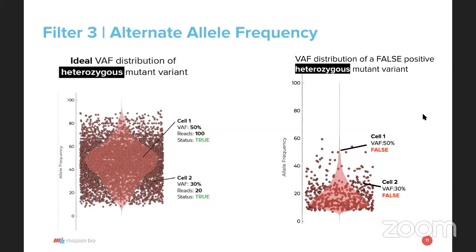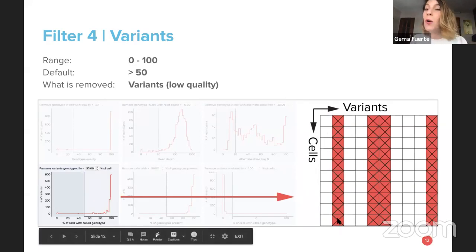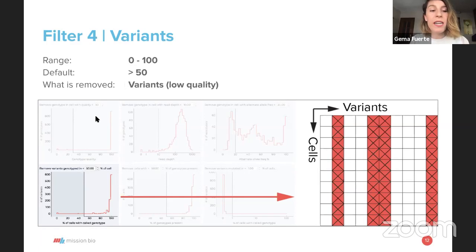Awesome. Perfect. So let's move on to filter 4. Just as a reminder, these are now global filters. We are not changing individual genotypes, but we are removing whole variants. So filter number 4 removes variants genotyped in fewer than 50% of the cells.